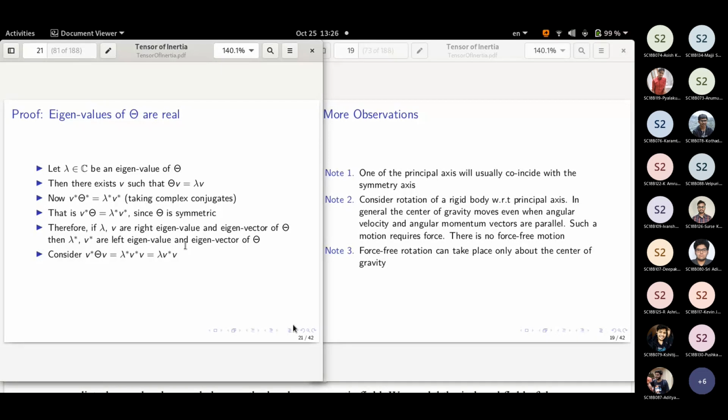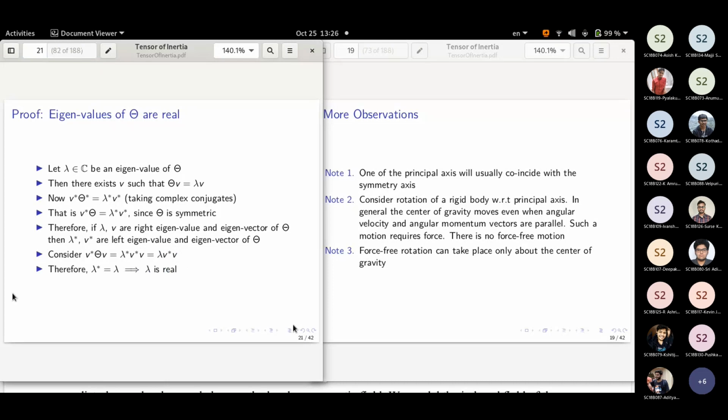There are two ways you can expand it. One is by the associative property, you consider only V star theta, which means lambda star V star, and then the remaining quantity V. Or you could have expanded theta times V, and theta times V is lambda times V. So you have expanded it in two different ways and got this expression: lambda star V star V equals lambda V star V. What is common here is V star V. Since it's a non-trivial vector, you can cancel them off.